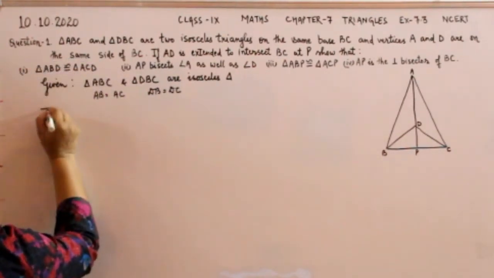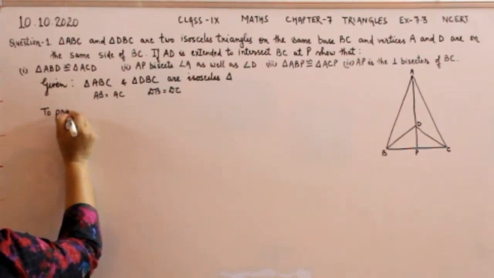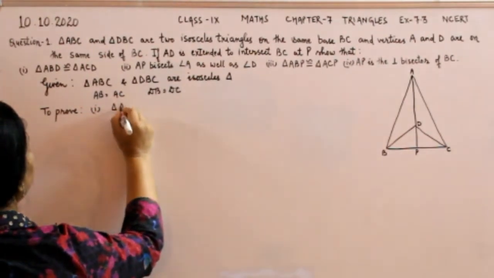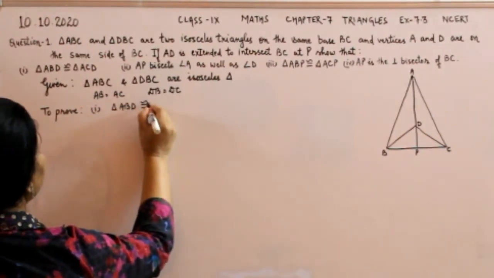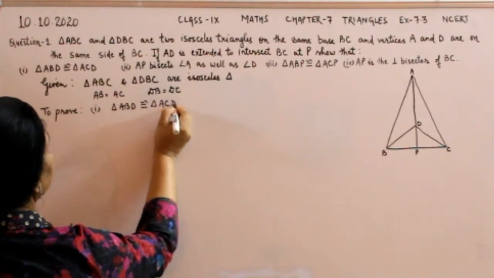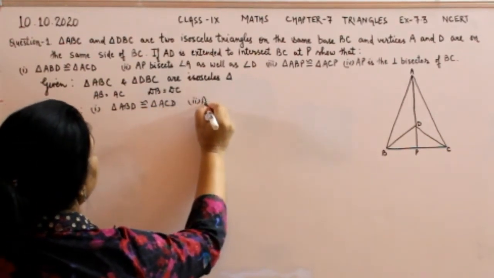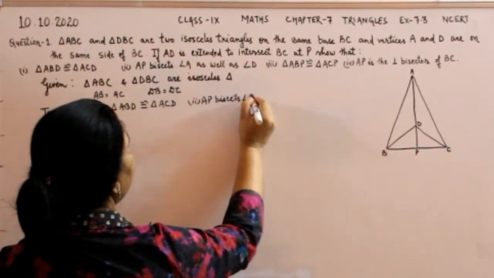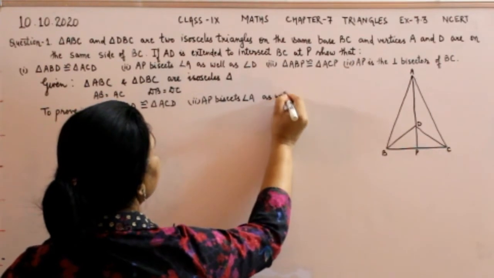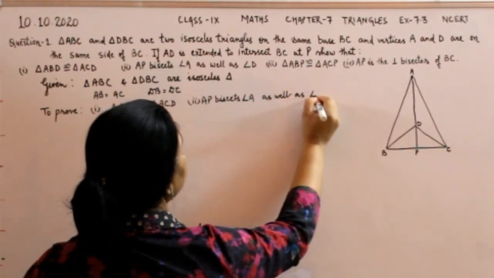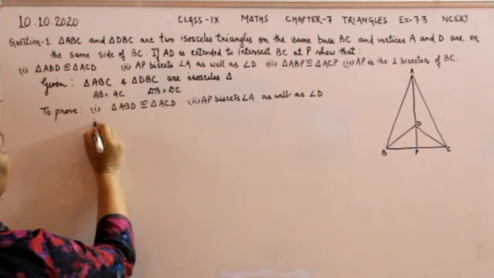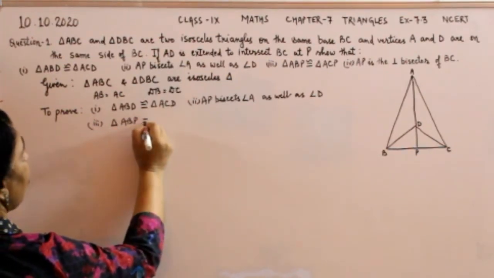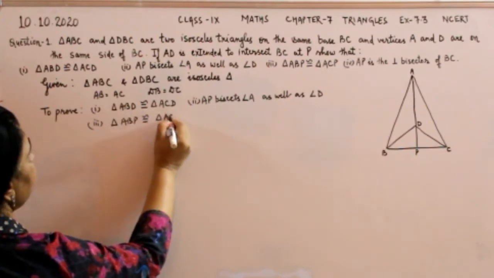Now, what we have to prove? Then to prove, we have to write all the four. First, triangle ABD is congruent to triangle ACD. Second, AP bisects angle A as well as angle D. Third, triangle ABP is congruent to triangle ACP.